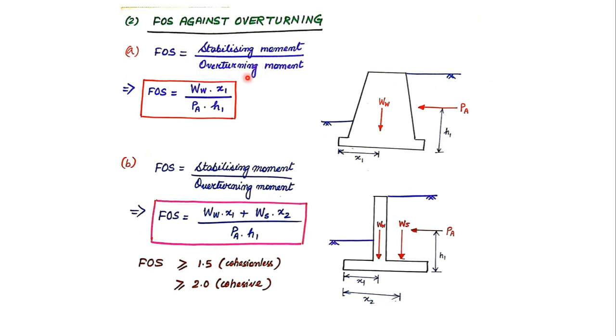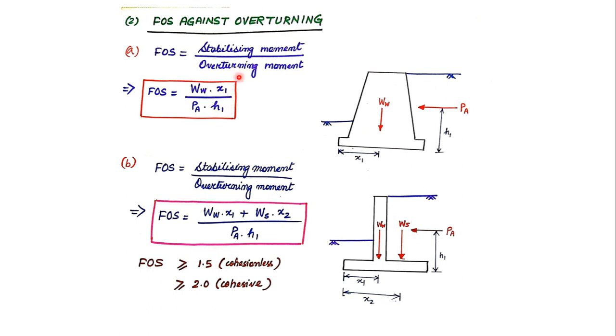The overturning moment is the disturbing moment, the moment which will cause the overturning of the retaining wall. In this case, the overturning moment is because of the active earth pressure. And how do I calculate that moment? It will be PA into the height from the bottom. So PA into H1 will be the disturbing or overturning moment. This is what I have written in the denominator, that is PA into H1.